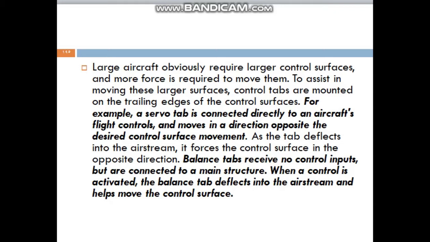We talked about the trim tab, and the second type of tab is the servo tab. A servo tab is connected directly to an aircraft's flight controls and moves in a direction opposite to the desired control surface movement. As the tab deflects into the airstream, it forces the control surface in the opposite direction.